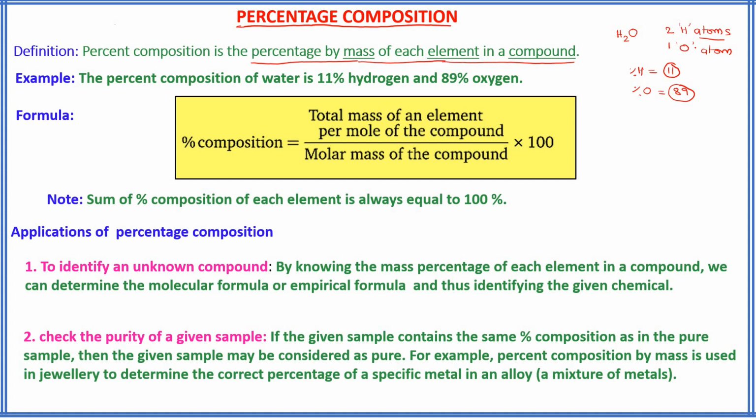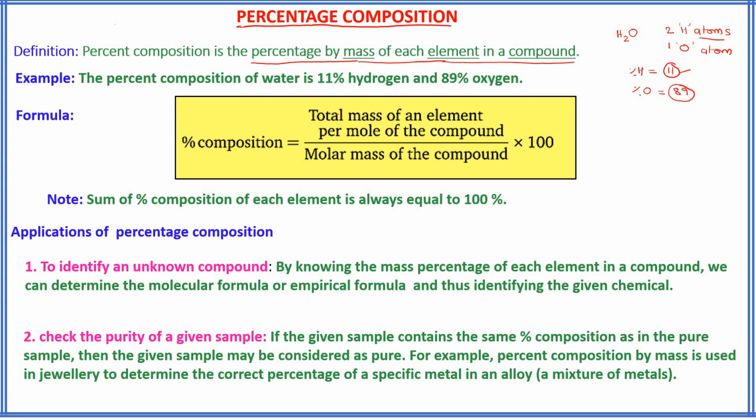How many hydrogen atoms? 2 hydrogen atoms, but its atomic mass is less, therefore its percentage is 11. But atomic mass of oxygen is more, 16, whereas hydrogen is only 1 for one hydrogen. So it depends upon what?